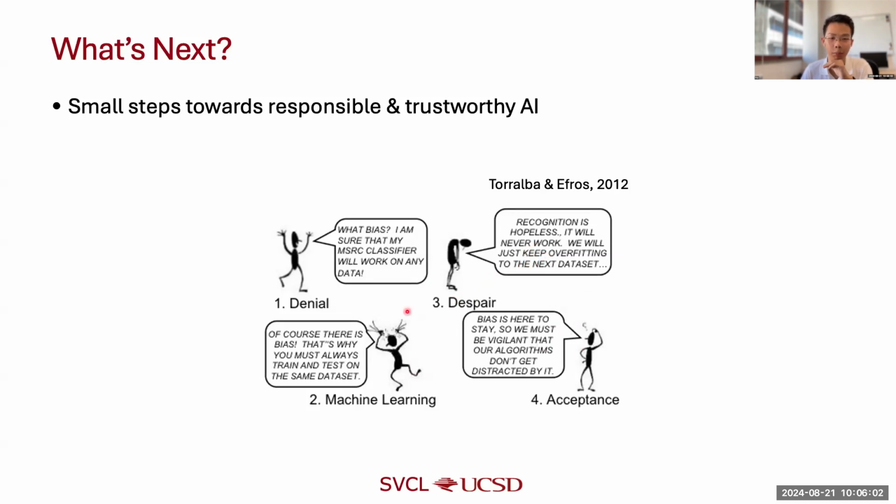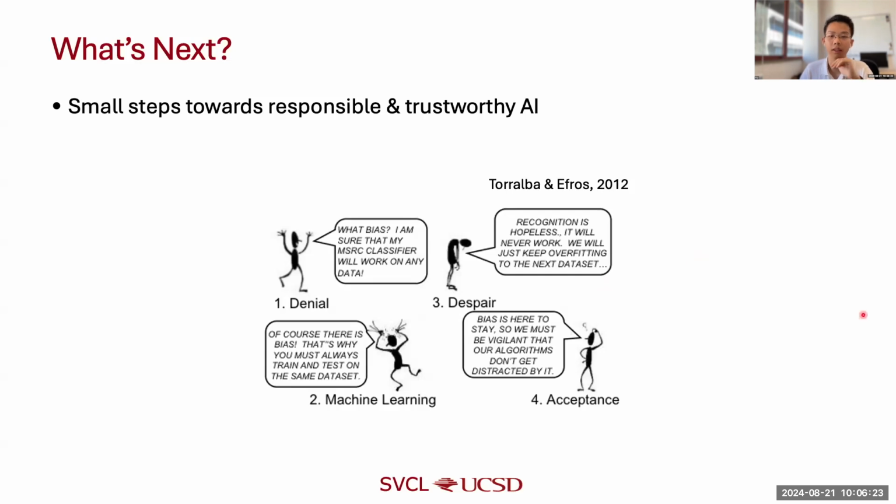And I'm glad that we have gone through all four stages into acknowledging that the bias is there and we need to continuously evolve our bias mitigation methods so that bias mitigation keeps up with the development of new models in the future.